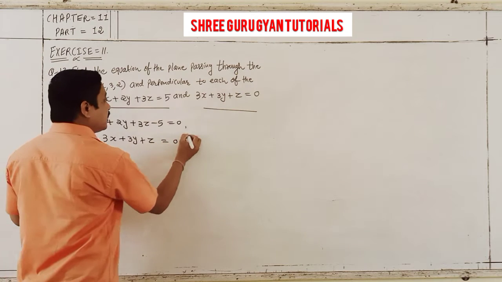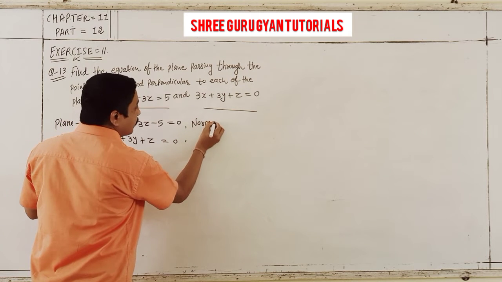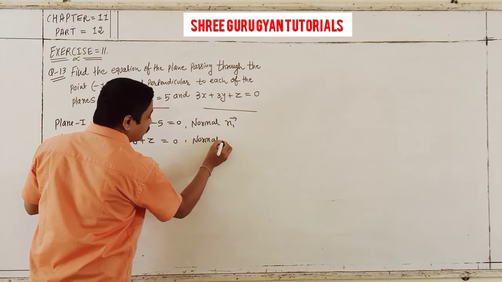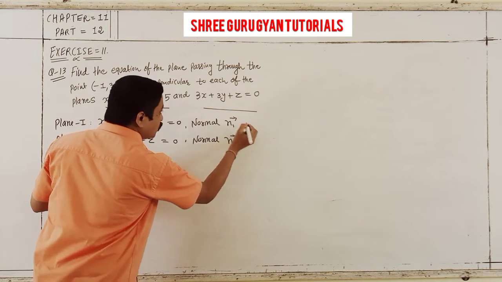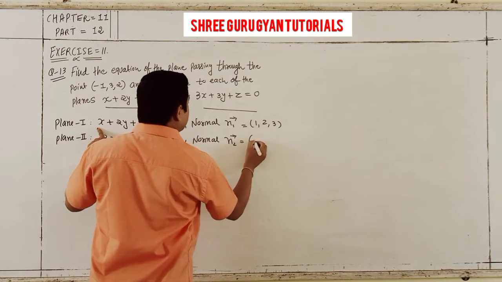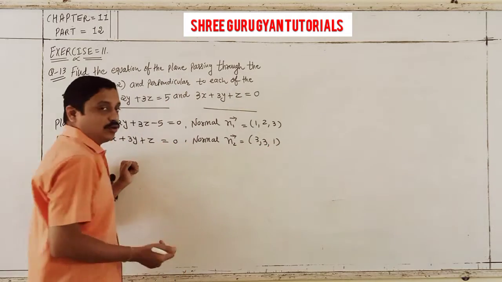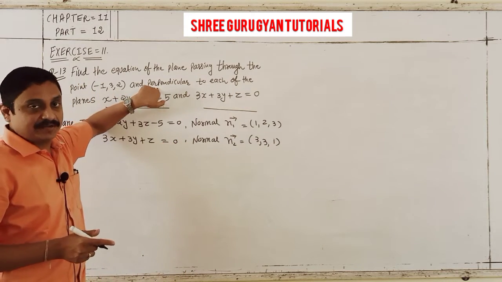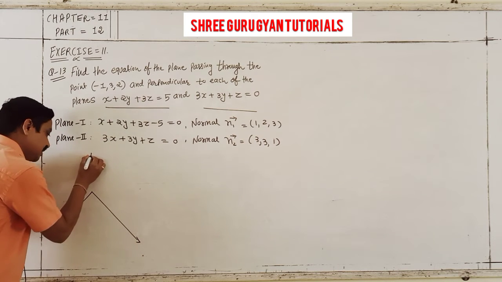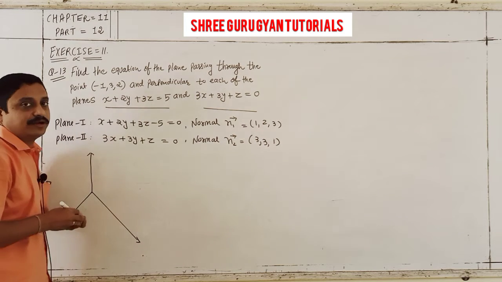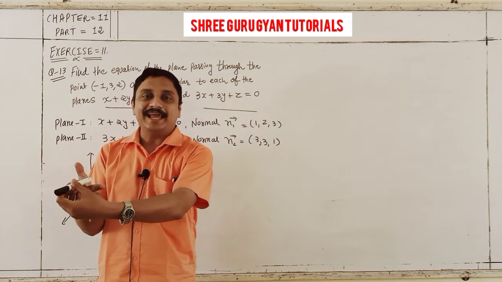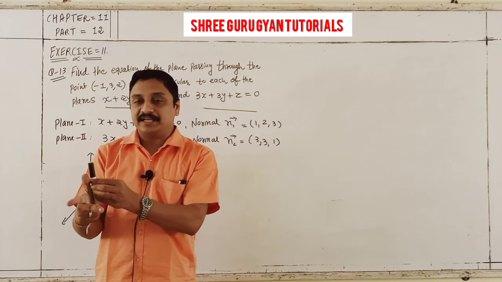Here I will take the normals n1 and n2. For the first, 1, 2, 3, and here 3, 3, 1. I want a direction perpendicular to both of them. It means consider one normal direction, the second, and the third is perpendicular to both. That's your first normal, that is the second, and this is the direction perpendicular to both.